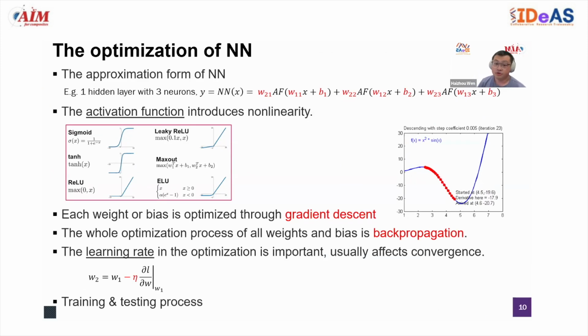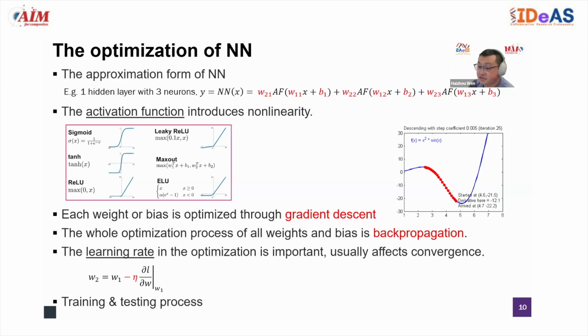So to summarize a little bit, the content that we just learned is the following ideas. The basic idea of approximation by the NN is similar to a polynomial or Fourier series. The weights and biases are the things that we need to optimize. The activation function adds nonlinearity into the NN, which makes the NN a universal approximator.